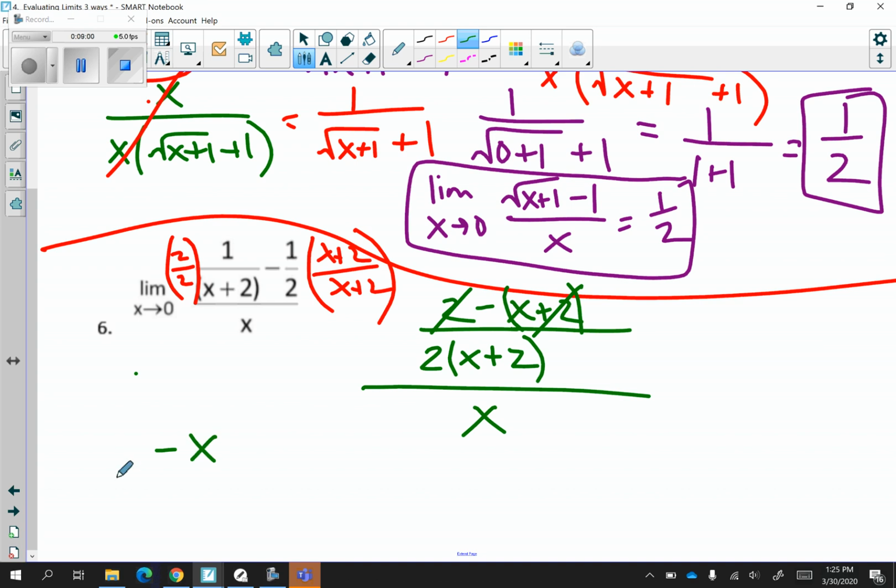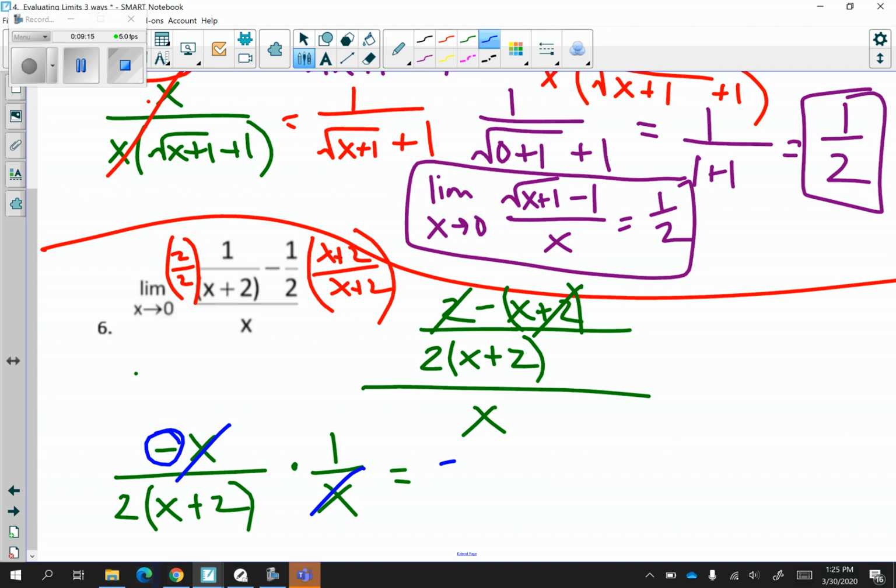So I'm left with negative x over 2 times (x + 2), times, keep change flip, 1 over x. Notice the x is going to cancel out, but there still is this negative, so don't forget that. Negative 1 over 2 times (x + 2). If you did want to simplify that, negative 1 over (2x + 4).